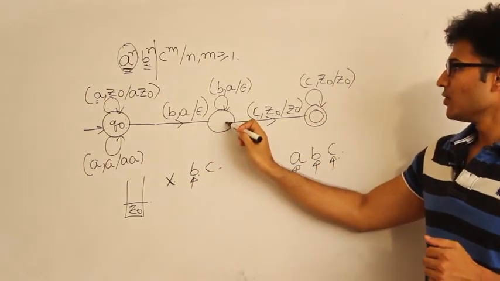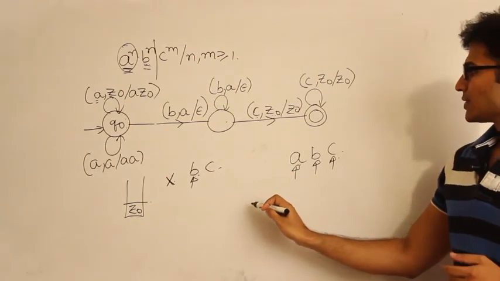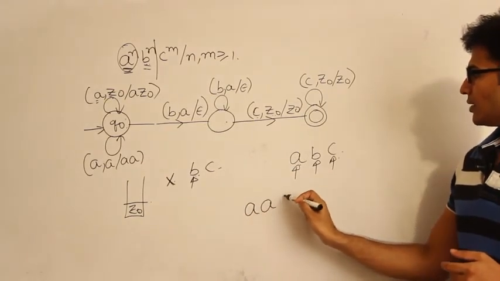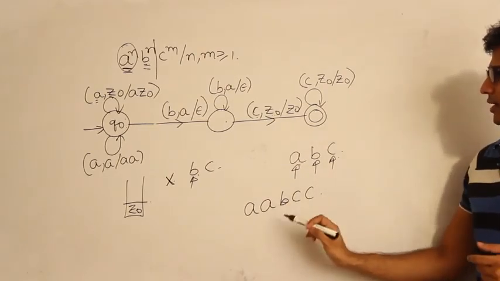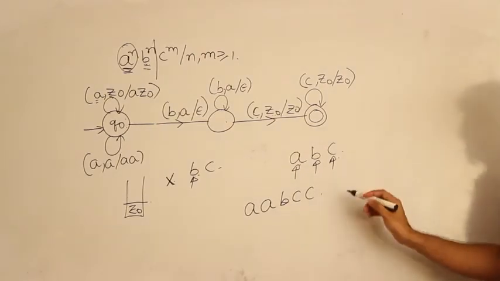Let us say the given string is a, b, c, c. This string is not in the language. Let's see what happens.